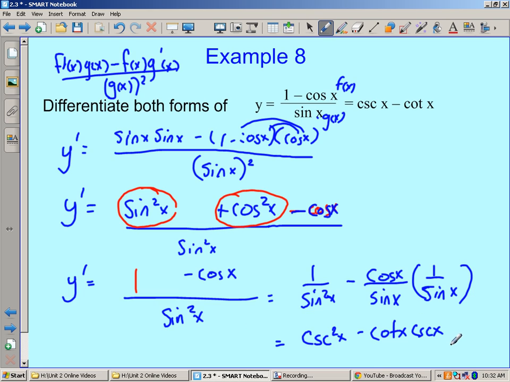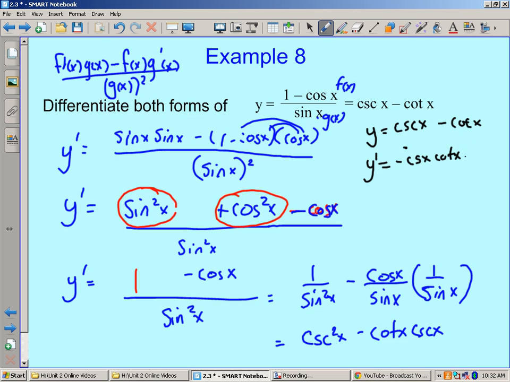Now on the other side, this one's a little bit easier following our rules. If I ask you to take the derivative of cosecant x, it turns into a negative cosecant x cotangent x, and cotangent turns into a negative cosecant squared x.